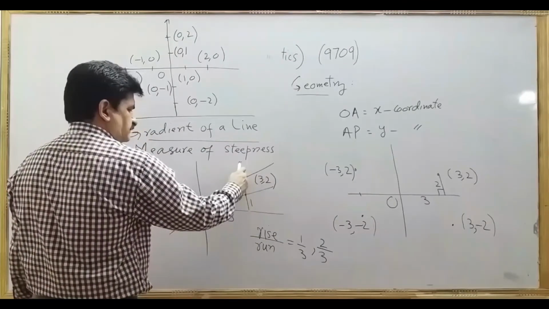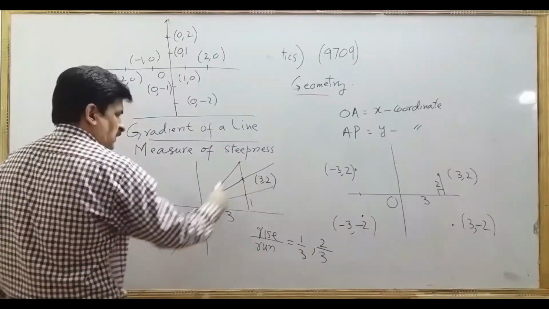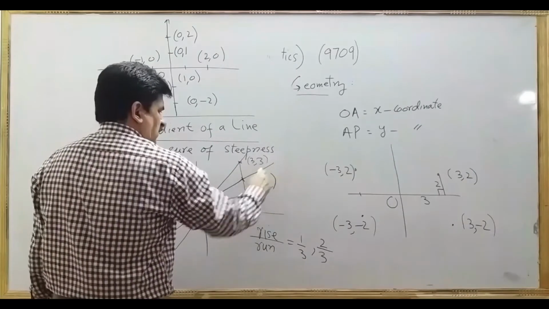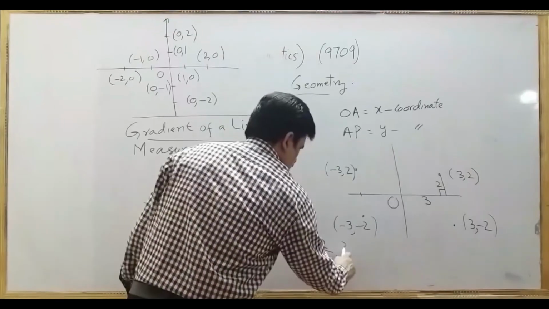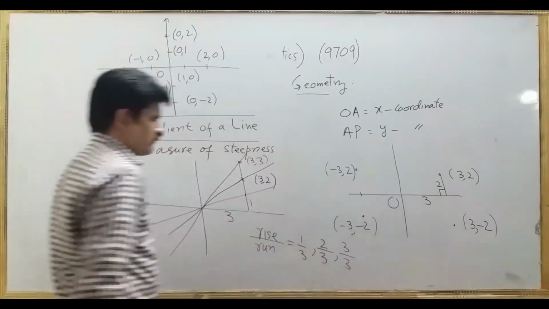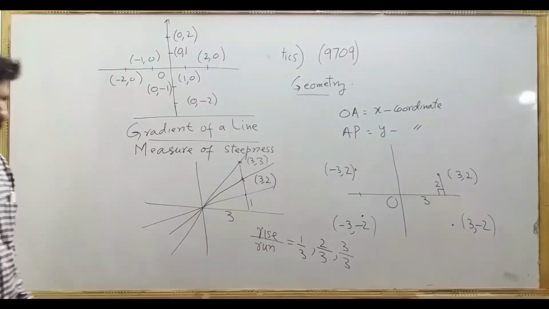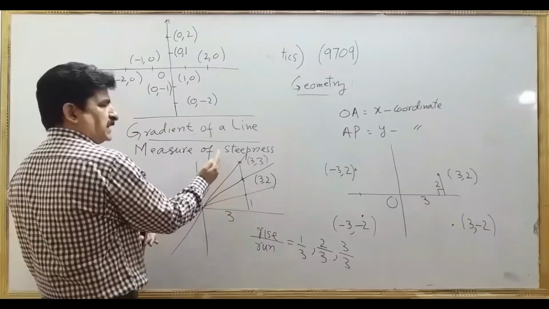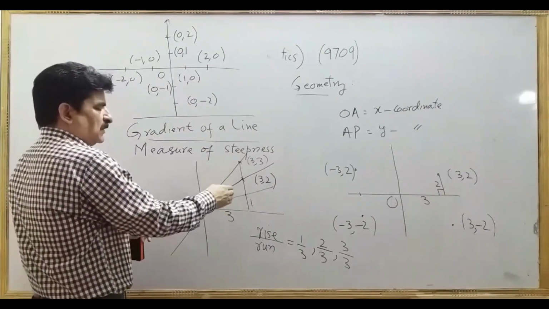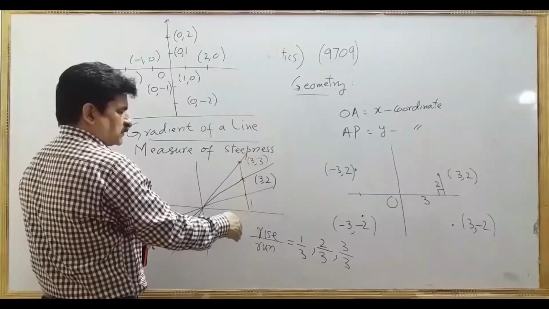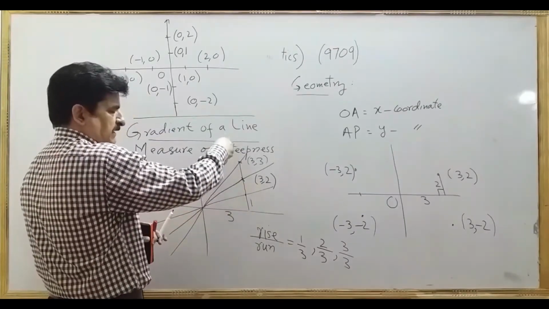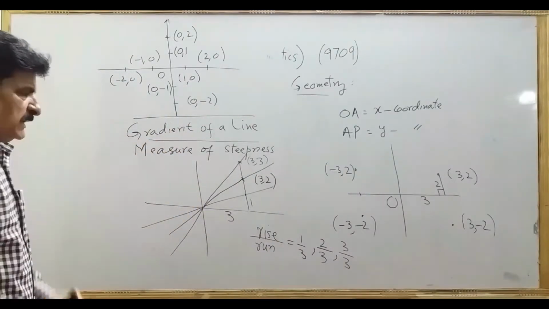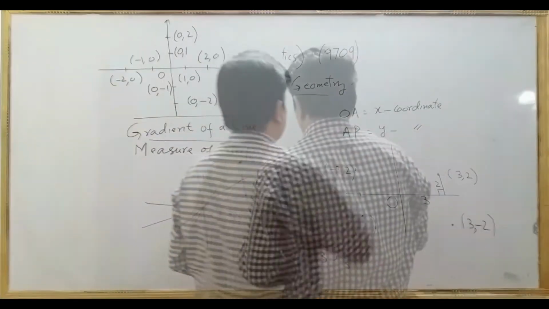Similarly, if I take another line passing through this point, which is 3, 3, the gradient will be 3 over 3. So what is happening to gradient? It is increasing as the steepness increases. That is why we take rise over run, because our rise is increasing. So we define the gradient to be rise over run.